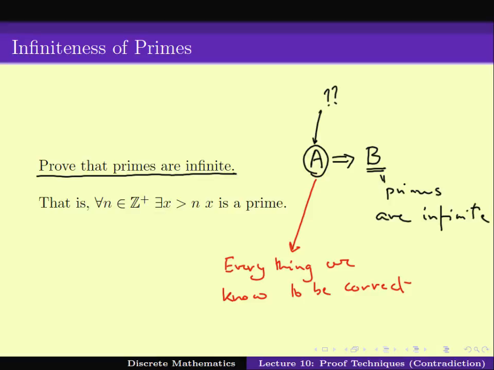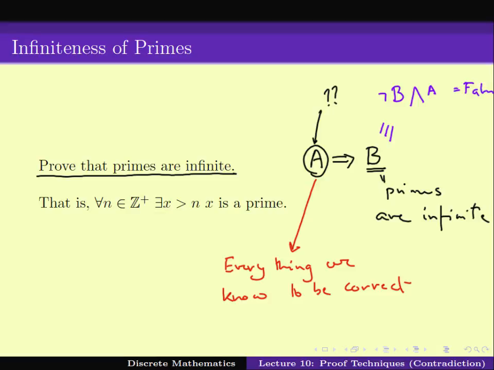So if I have to prove this statement using contradiction, how will we go about it? One way of going about it is, of course, recall that we have to prove that this whole thing is congruent to not B and A. This is false.